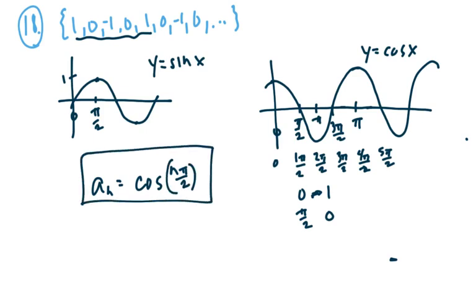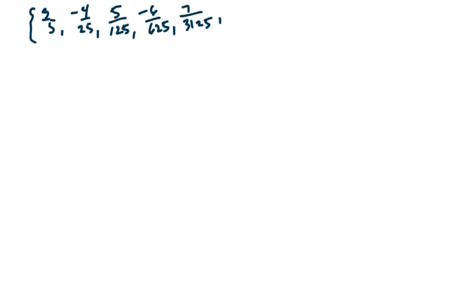I think we might have time for one more. Look at this problem. It says 3/5, negative 4 over 25, 5 over 125, negative 6 over 625, and 7 over 3125.